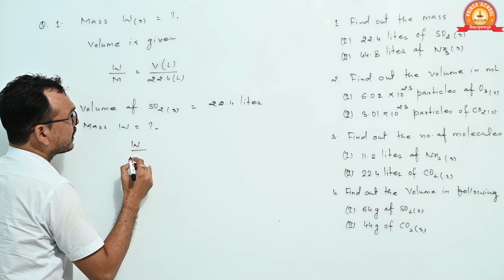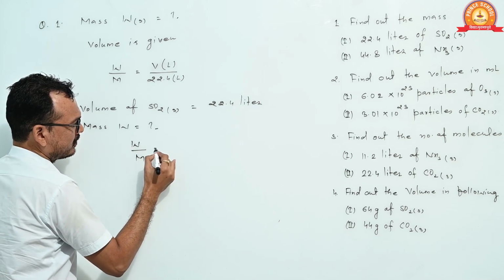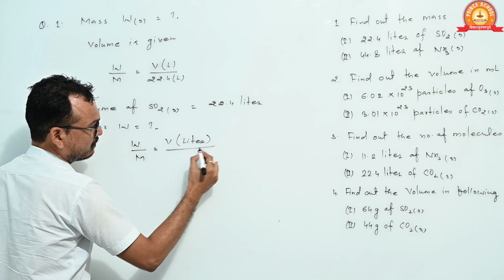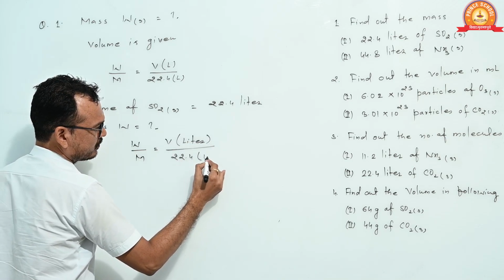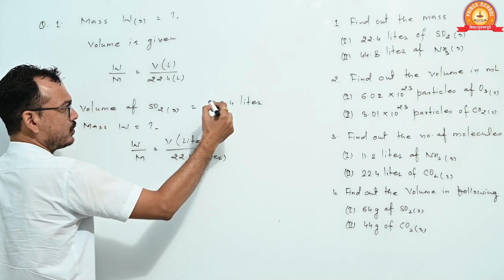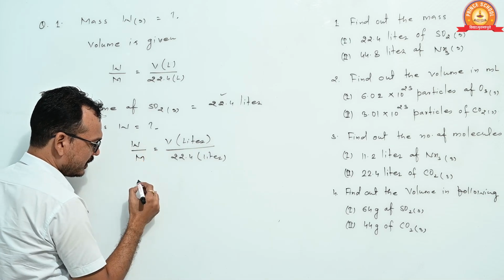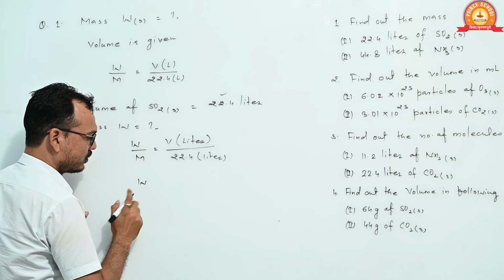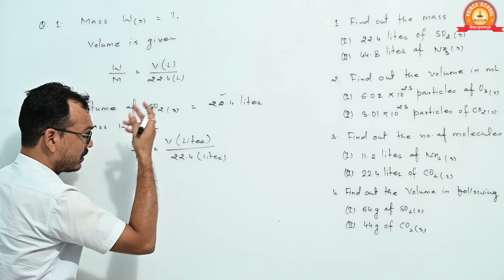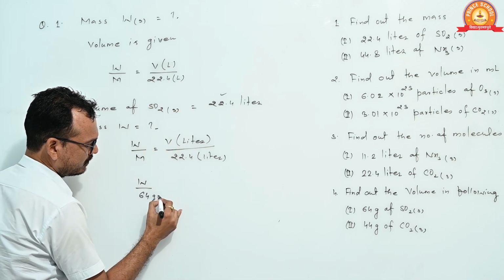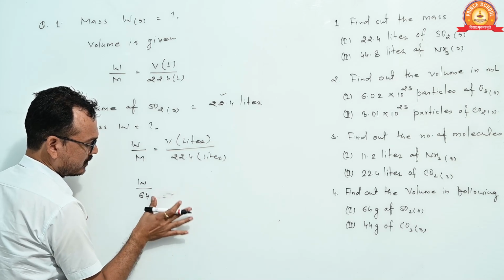Then we write W by M is equal to V liter divided by 22.4 liter. The volume is also 22.4 liter and W is the unknown quantity, and the molar mass of SO2 is 64 gram per mole.